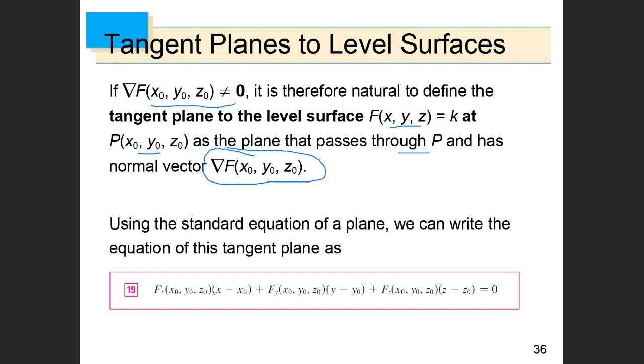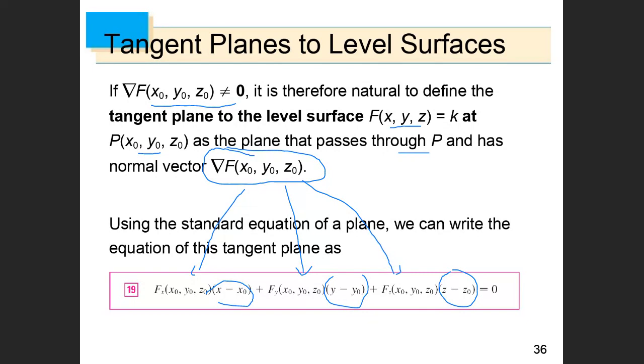Don't forget that when we talked about planes, we said one way to write the equation of a plane is just to take the normal vector. So you see now, to write the equation of our tangent plane, you just need to take the components of the gradient as the coefficients of (x minus x0), (y minus y0), (z minus z0) in the tangent plane equation.